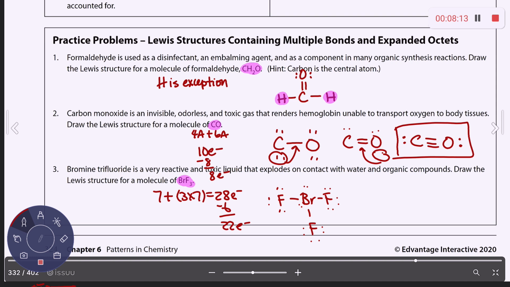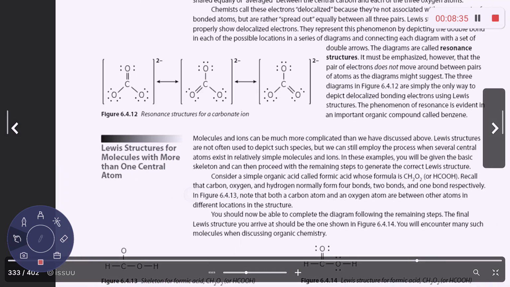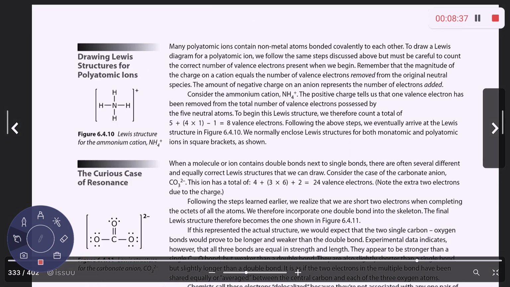Last page. Okay, we're going to talk about drawing ions and then resonance, and then we are done. All right, at the top we've got the ammonium ion.